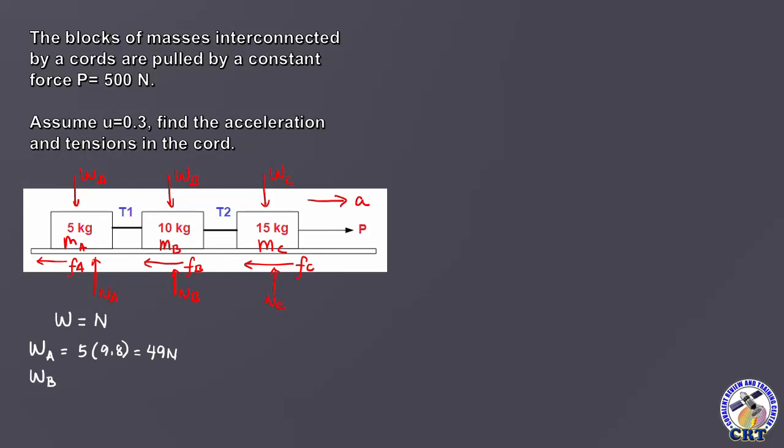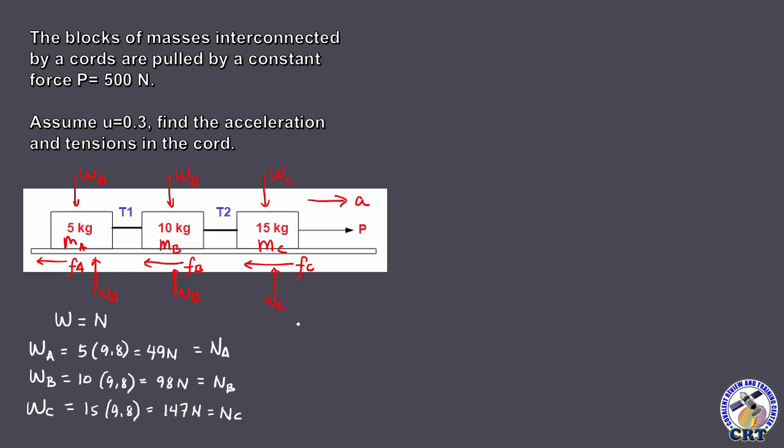While weight B, this is 10 kilograms times 9.8, we have 98 newtons. And weight C, this is 15 times 9.8, equivalent to 147 newtons. And this is also the value of the normal forces, NA, NB, and NC.